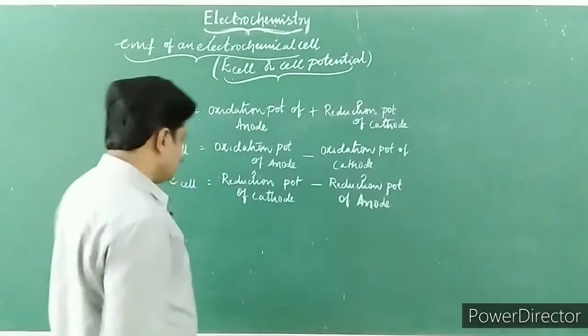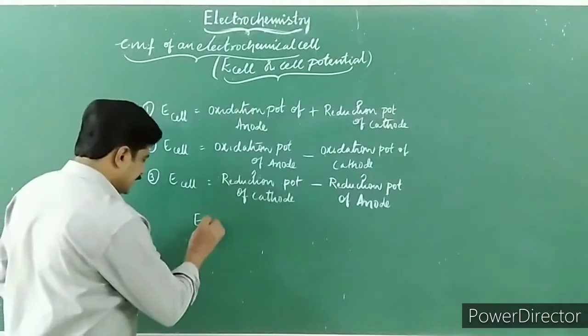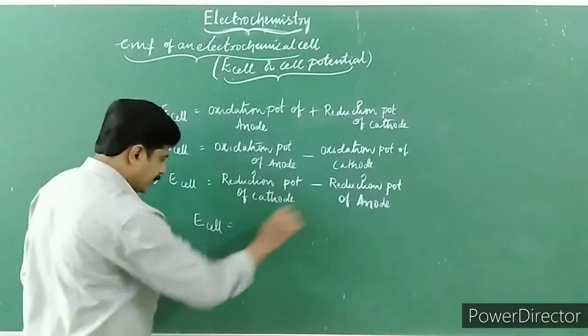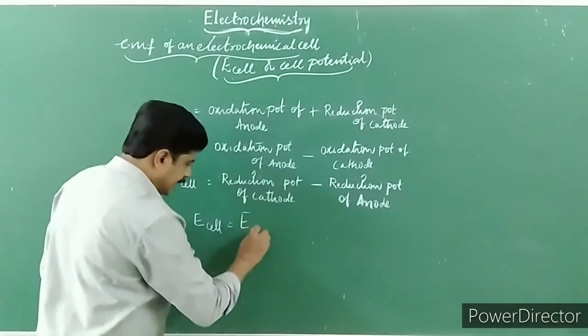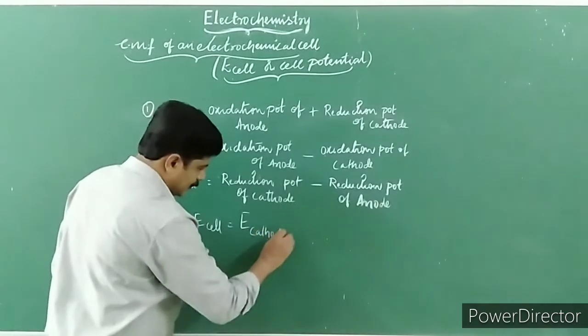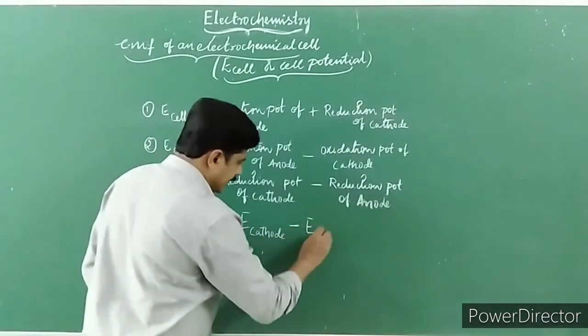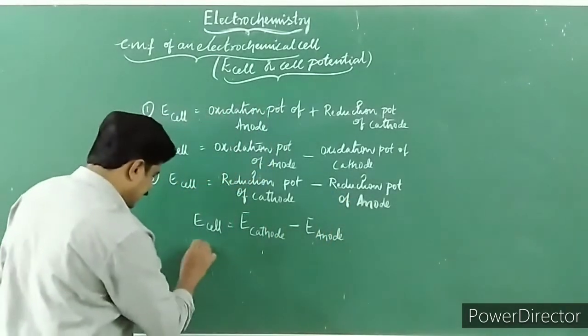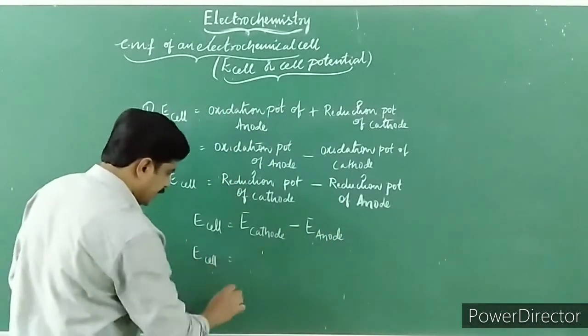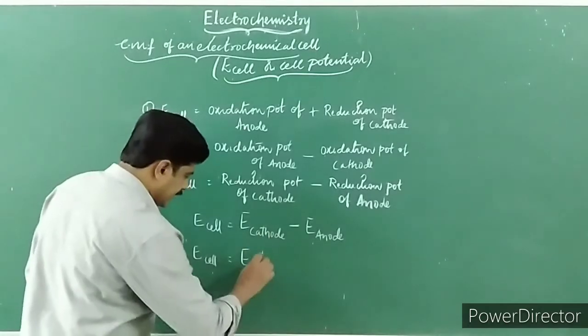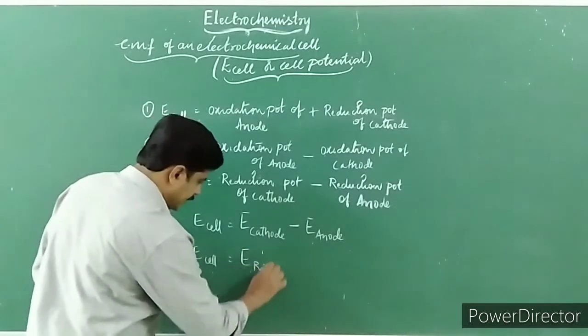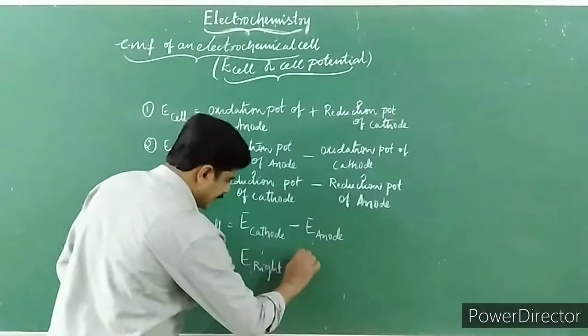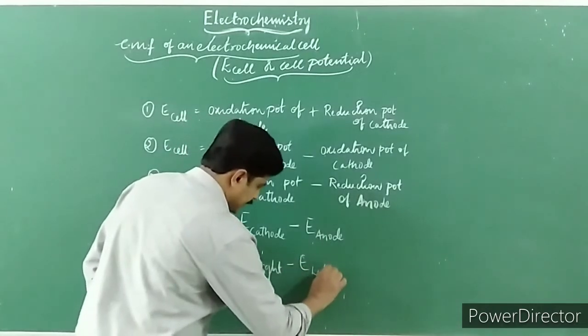Children, in general, E cell is equal to E cathode minus E anode, or you can also write E cell is equal to E right minus E left.